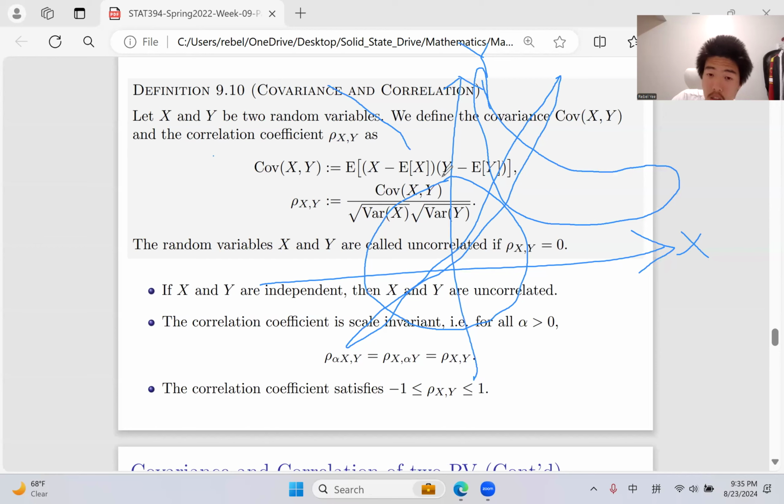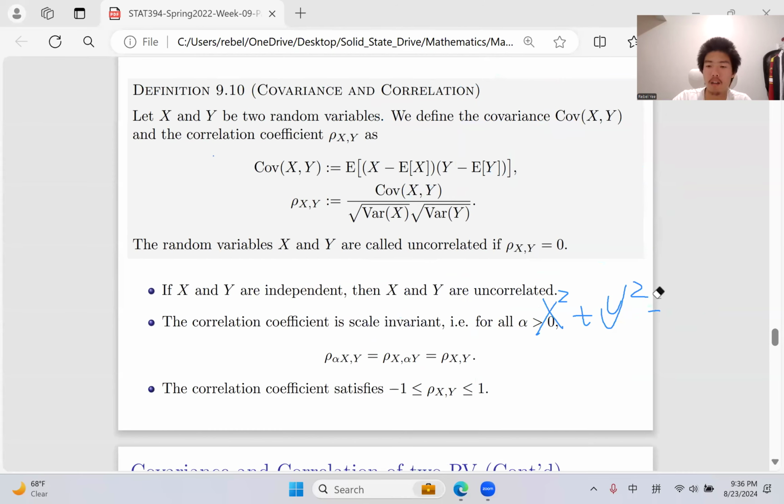But if all the points are on a circle, it doesn't have either shape, so they are uncorrelated. However, you cannot say they are independent, because X is really dependent on Y, by the function X squared plus Y squared equals some constant A. So even if it's uncorrelated, we cannot say it's independent. But if two variables are independent, we can always say they're uncorrelated. So that's the fact here, and the difference between covariance and independence.